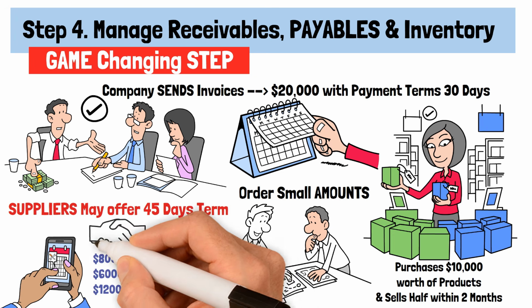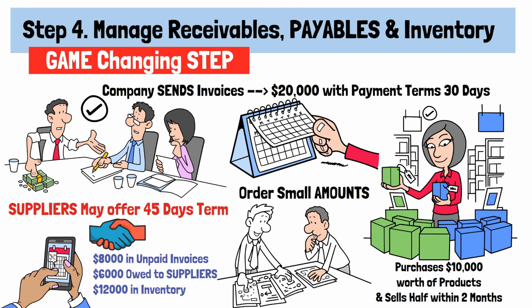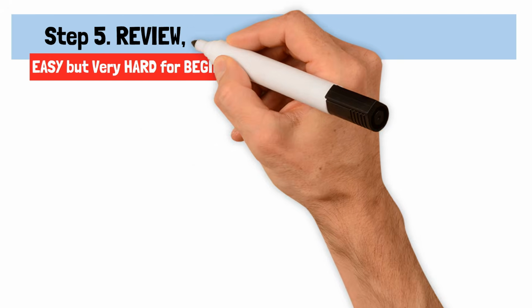Owners can prioritize collecting overdue payments, negotiate better payment terms with vendors, and reduce purchases of slow-moving products. Small improvements made consistently can release thousands of dollars back into the business, improve liquidity, and create additional financial stability without increasing sales.